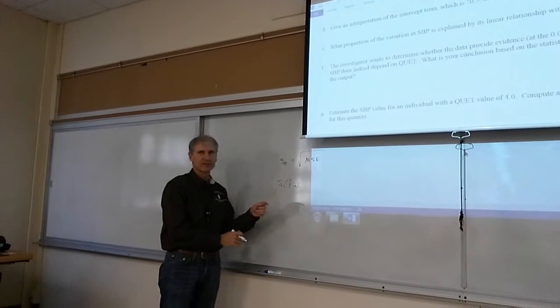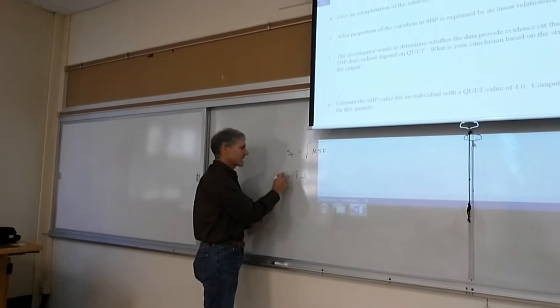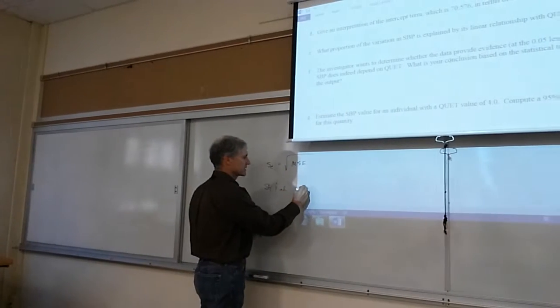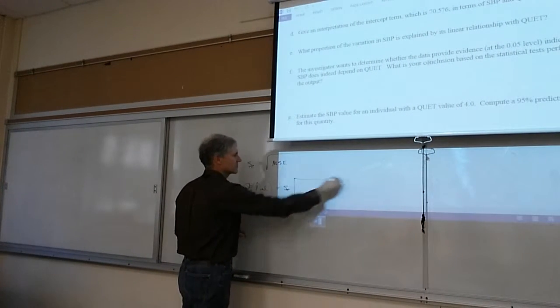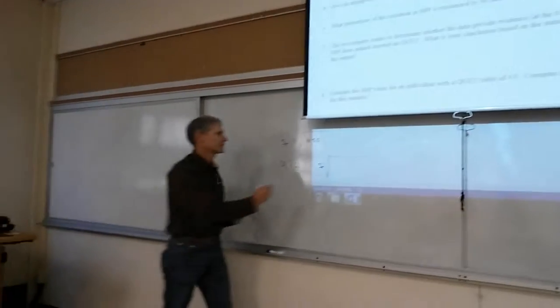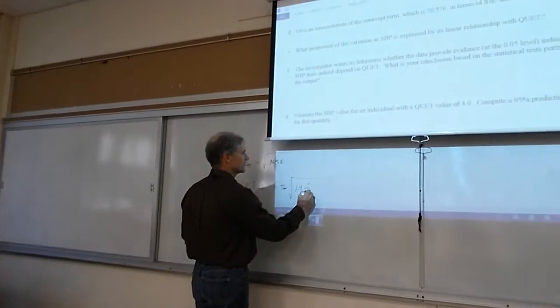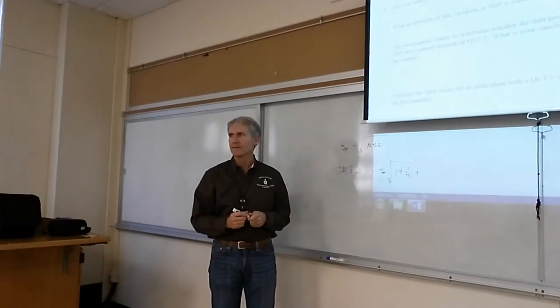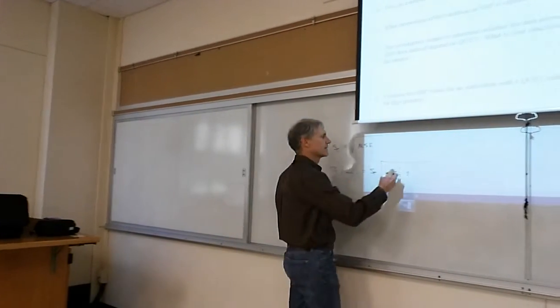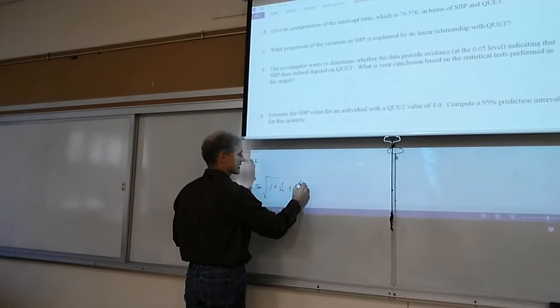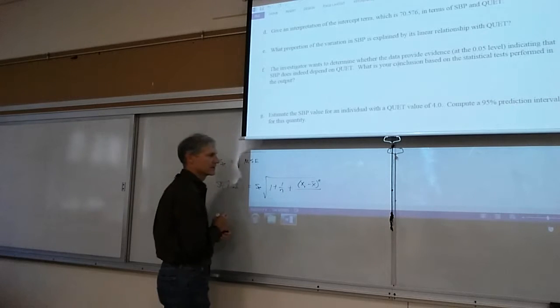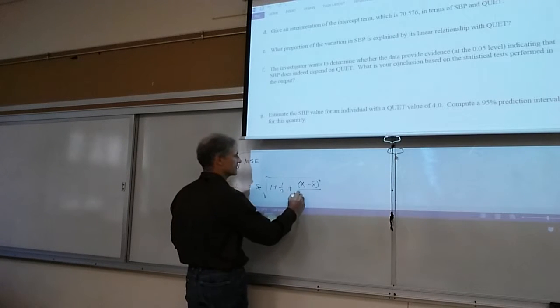So I just write IND for individual. So standard error of a Y hat for an individual is this SE times the square root of 1 plus 1 over n plus (x_i minus x bar) squared over the sum of (x minus x bar) squared.